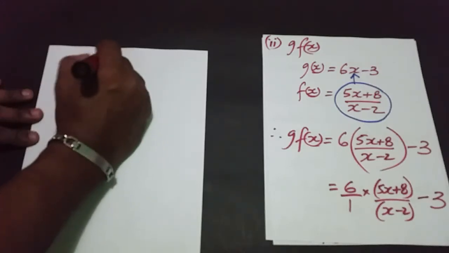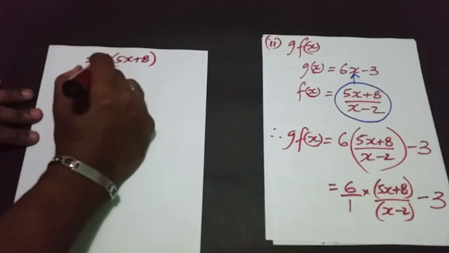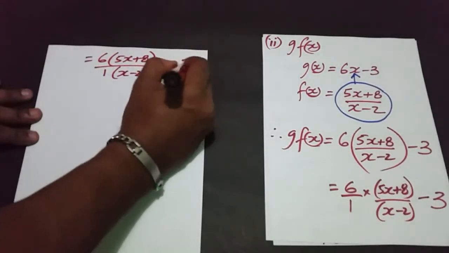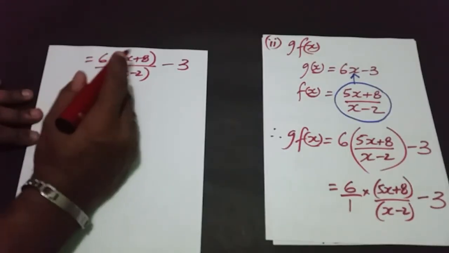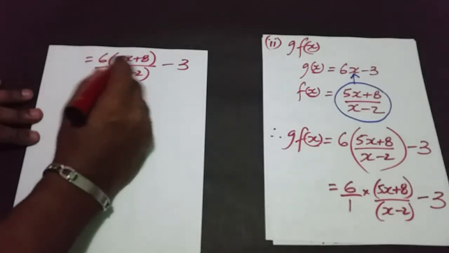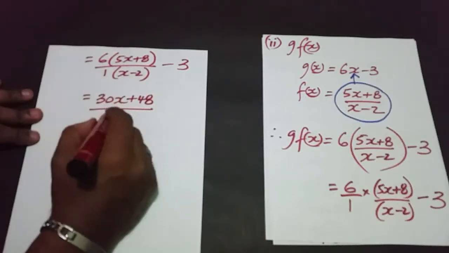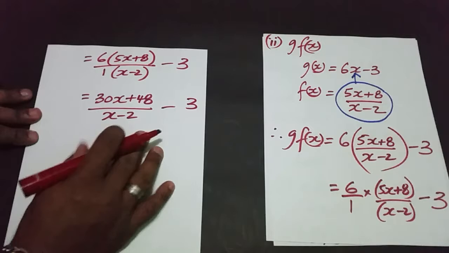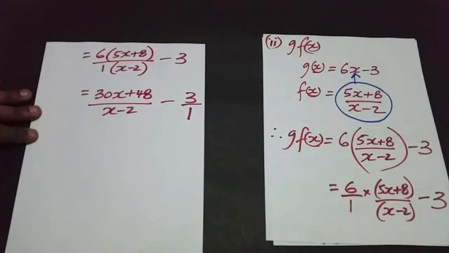So far this is what we have. We have 6, open bracket, 5x plus 8 over 1, open bracket, x minus 2, and then minus 3. So what we're going to do here, 6 times 5x, that is 30x, 6 times 8, that is 48, and 1 times that is simply x minus 2 minus 3. And at this point, I'm just going to emphasize that 3 is the same as 3 over 1.